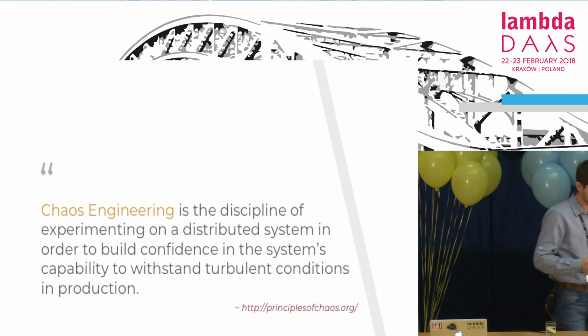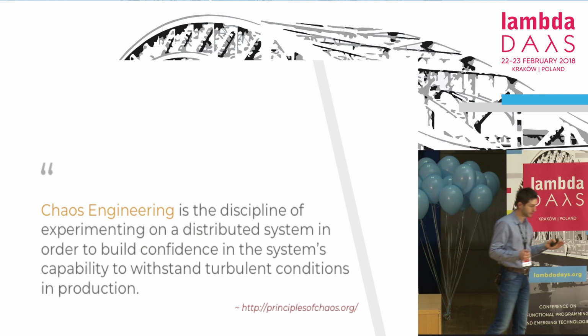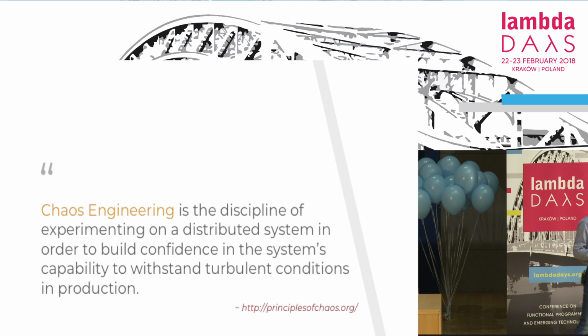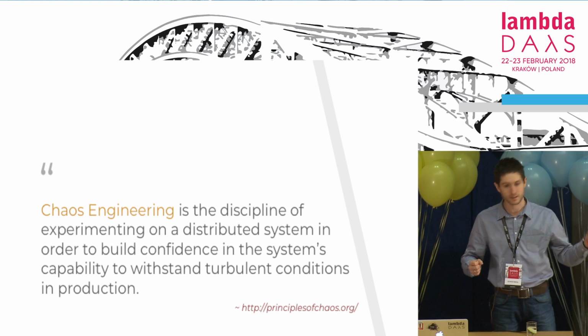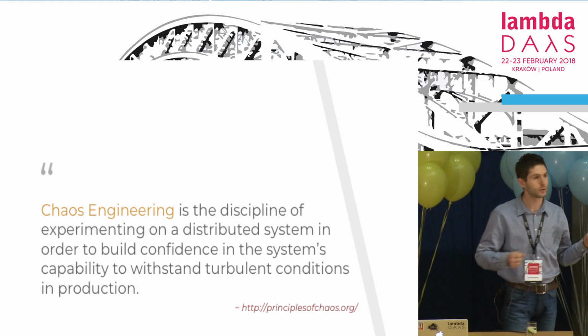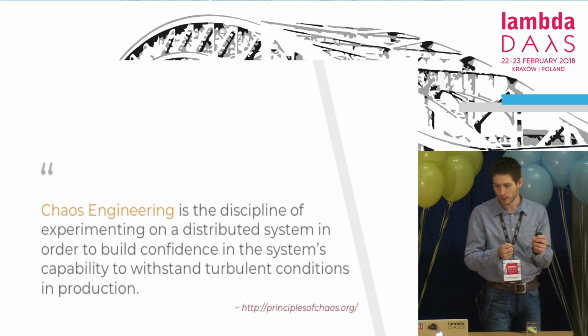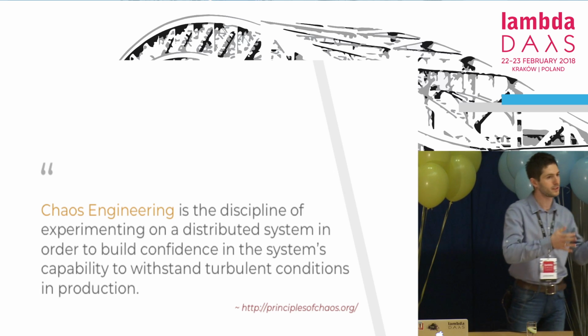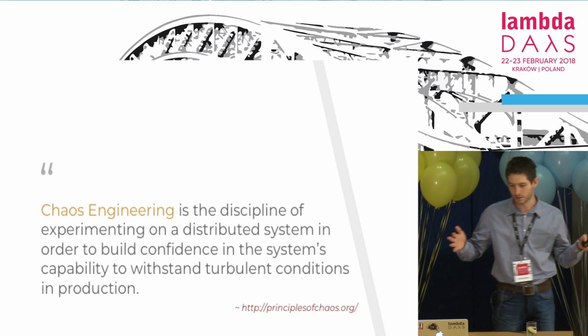And this is the formal definition of what chaos engineering is. It says that it's a discipline of experimenting on a distributed system in order to build confidence in the system's capability to withstand turbulent conditions in production.